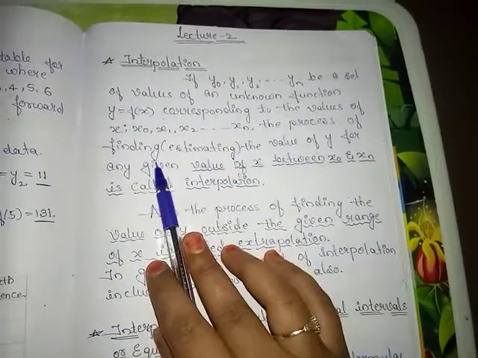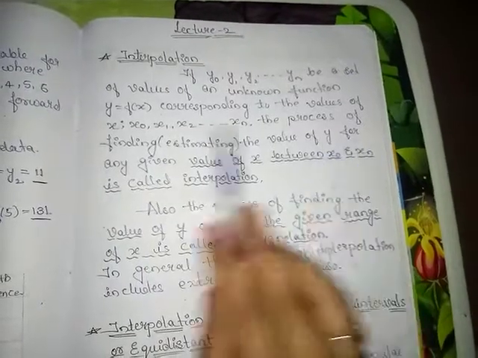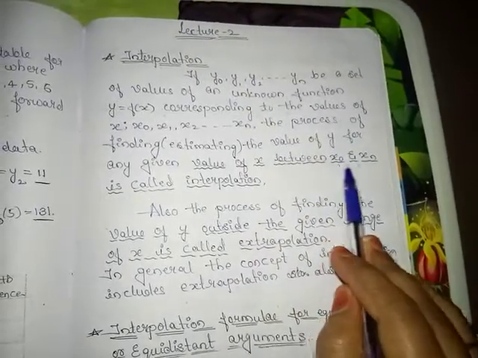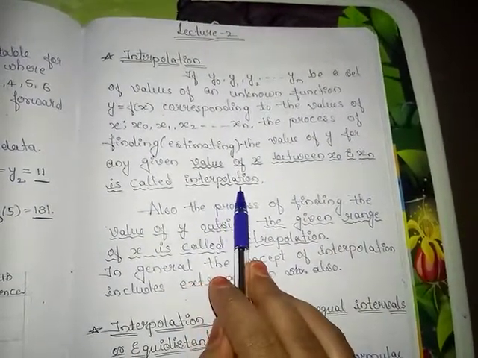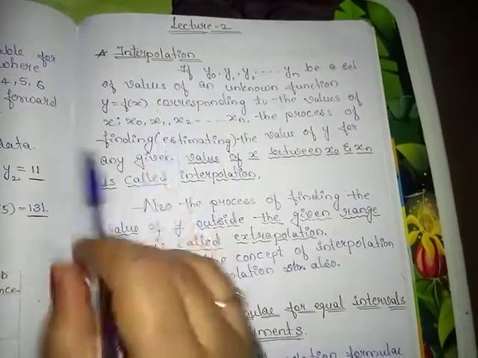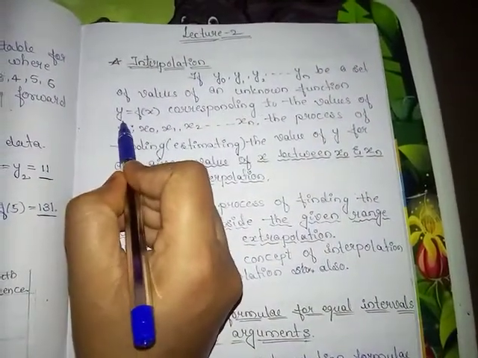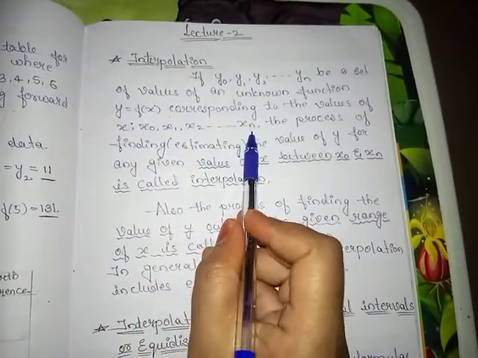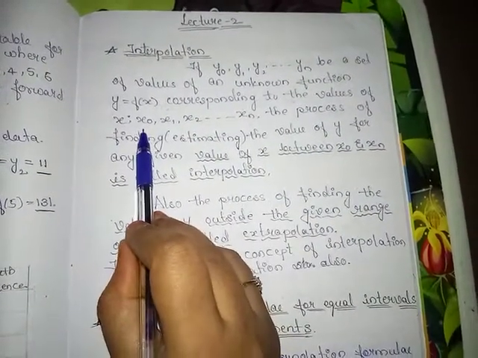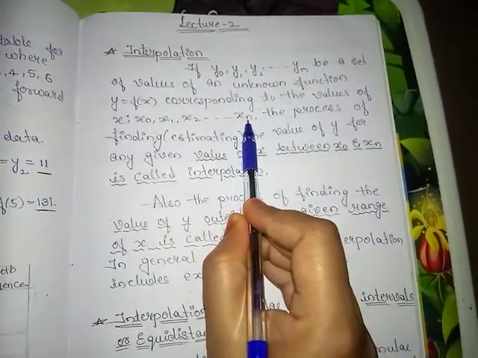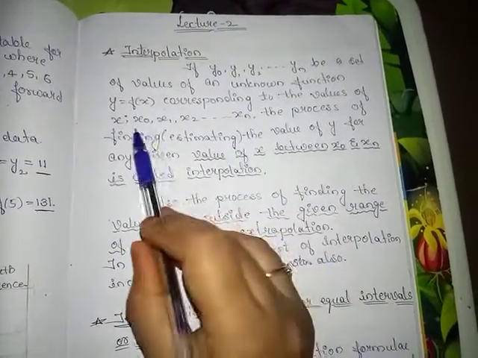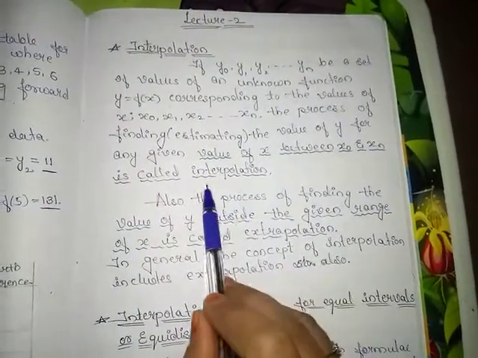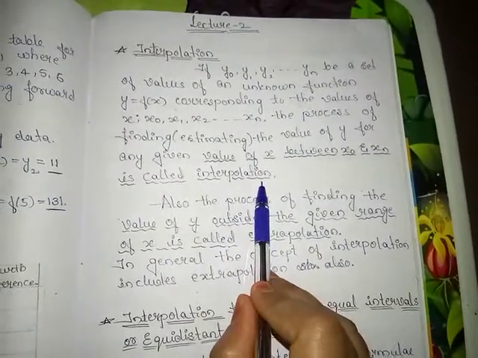The process of finding the value of y for any given value of x between x0 and xn is called interpolation. We have to find the value of y corresponding to a value of x which lies between x0 and xn. Then that process is called interpolation.